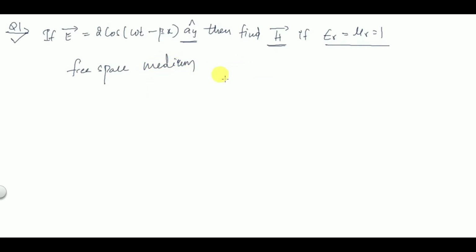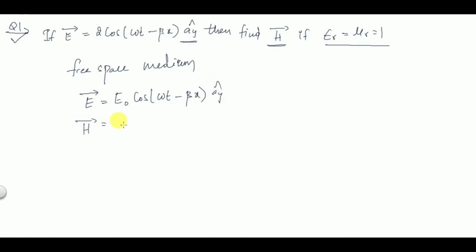I have already told you the relationship between E bar and H bar. So if E bar is given as some E naught into cos of omega t minus beta x ay cap, then how can we write H bar?